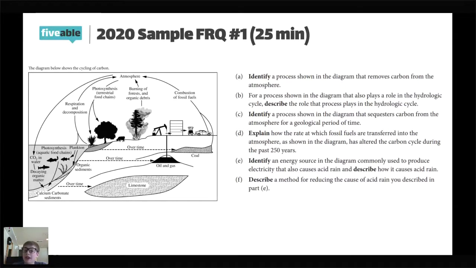While you guys are typing that out in Crowdcast in the chat, Tanya asked, what was C asking? C was asking us to identify a process that removes carbon from the atmosphere for a geological period of time, so for a long time. This one was mainly talking about the ocean or the creation of fossil fuels.